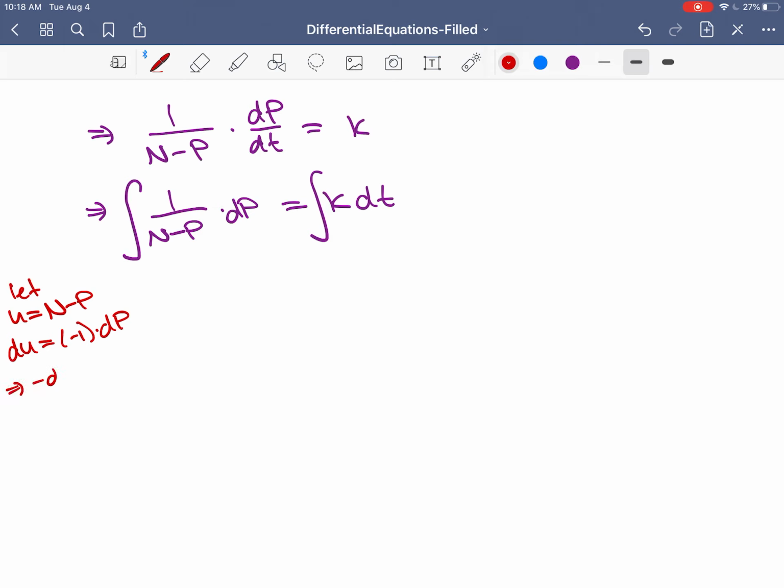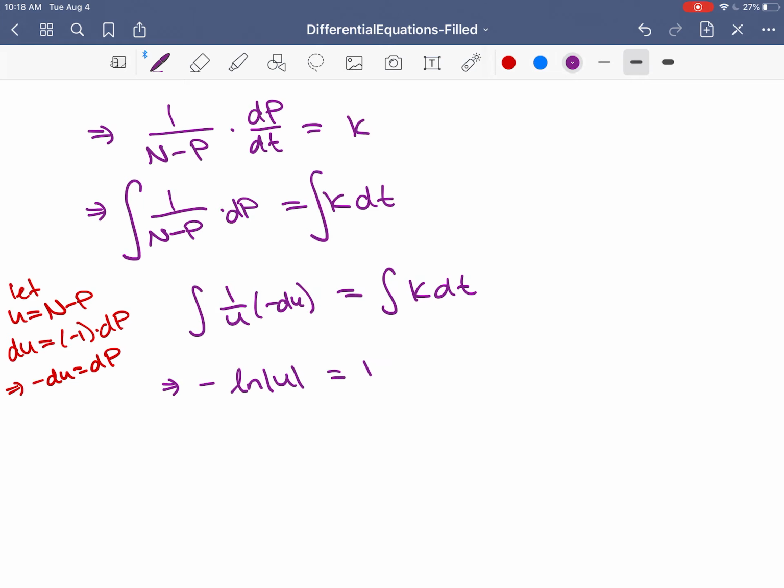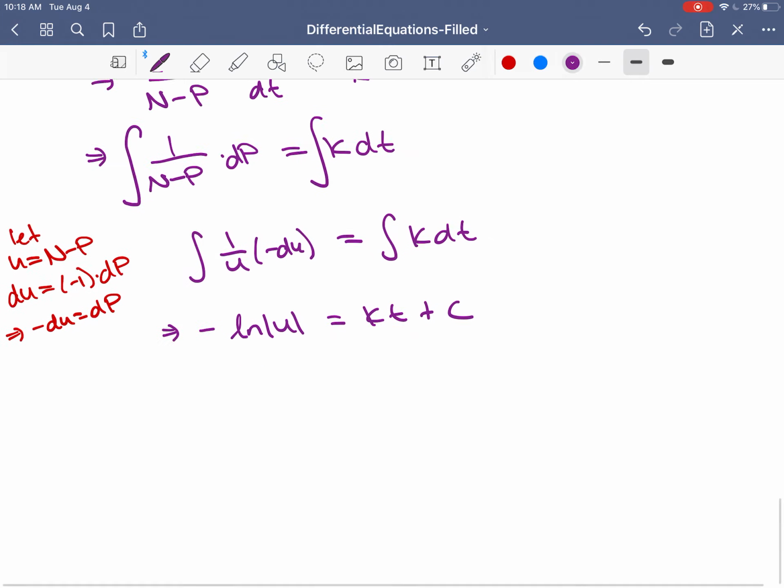That means that negative du is equal to dP. So then my integral is going to be 1 over u times negative du. The negative can come out, so then I get negative ln u equals kt plus c.